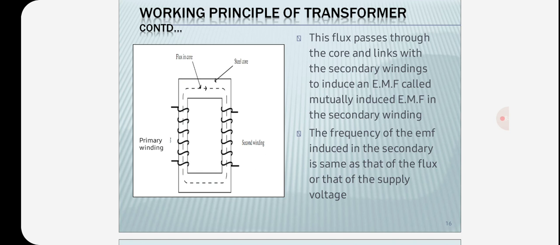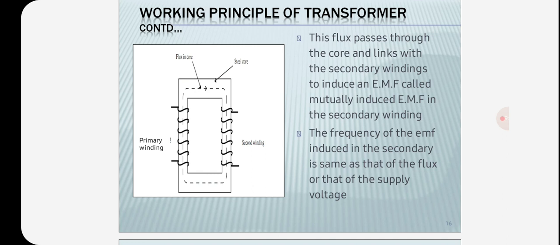The flux phi passes through the magnetic core and links with the secondary winding also, so it induces an EMF called mutual induced EMF E2 in the secondary winding. The magnitude of the EMF induced is proportional to the rate of change of flux linkages and the number of turns.